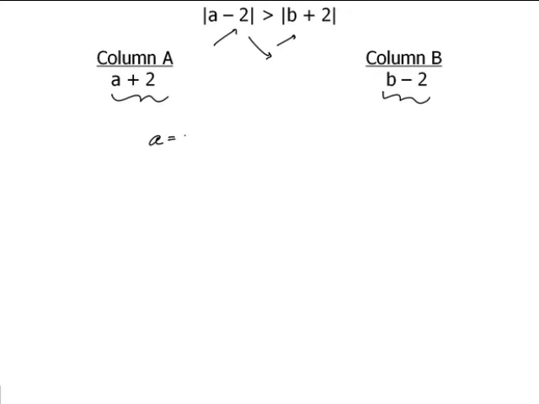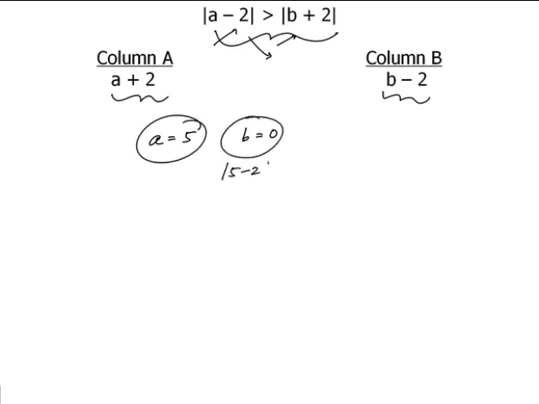So for example, I might start with a equal to 5, and I have to pick numbers that satisfy this condition to begin with. So b could be, for example, 0, and there's no constraint on whether it's positive or negative. So you'll notice that this pair that I've selected does indeed satisfy the inequality, and that needs to be the case before you can even go into comparing the quantities.